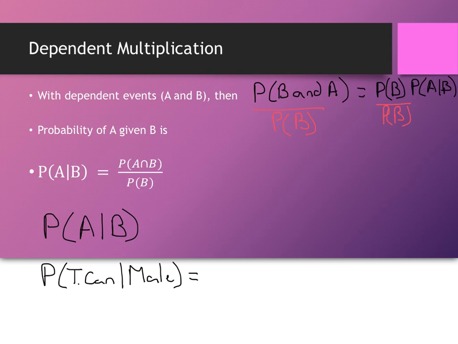Now, if I'm given that the person is male, then basically I'm looking out of just the males. And if I'm trying to find what's the probability that this male had testicular cancer, well, I'm looking out of all the males.